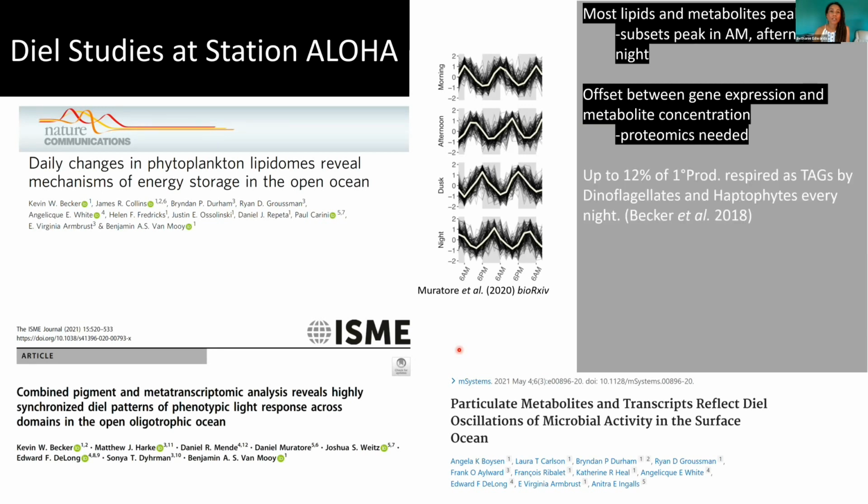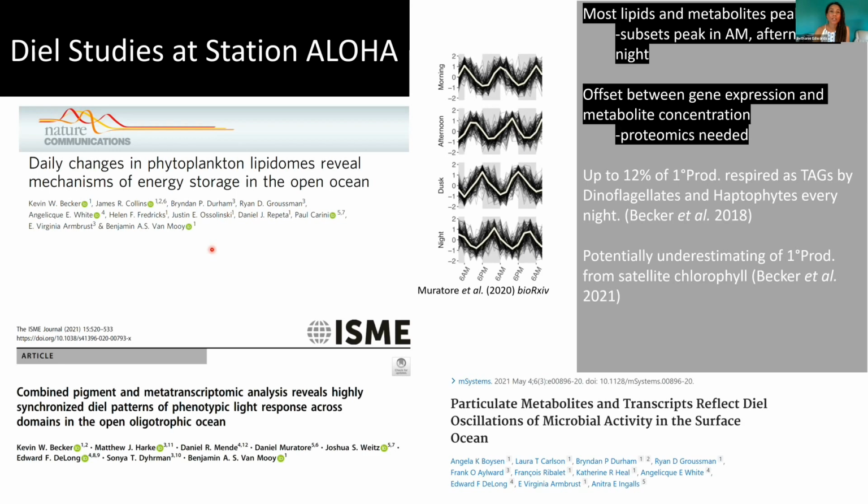Some of the biogeochemically relevant information to come out of this. This study by Kevin Becker in 2018 found that about up to 12% of primary productivity was being respired as TAGs at night. And using transcriptomics, they were able to link this to dinoflagellates and haptophytes.